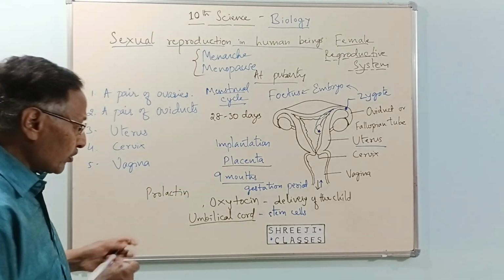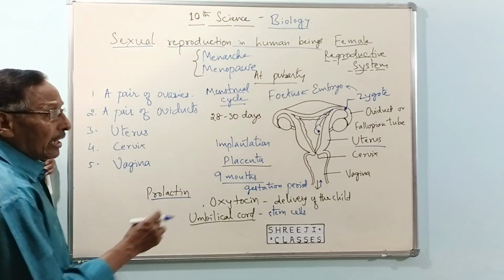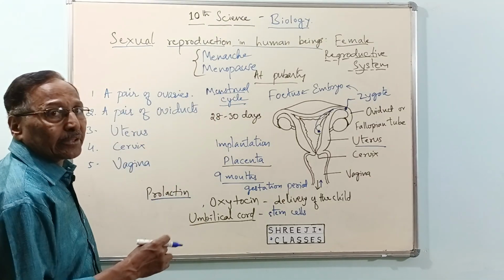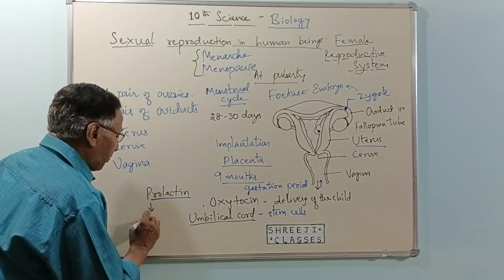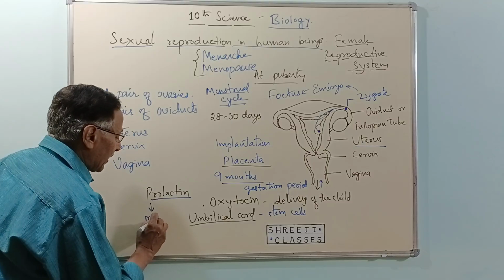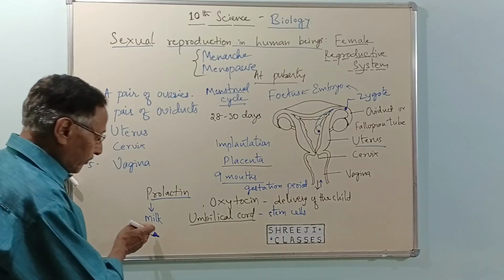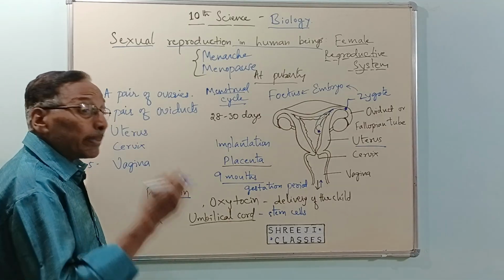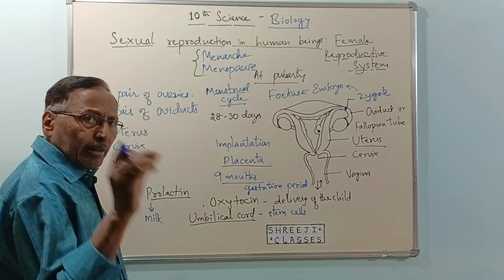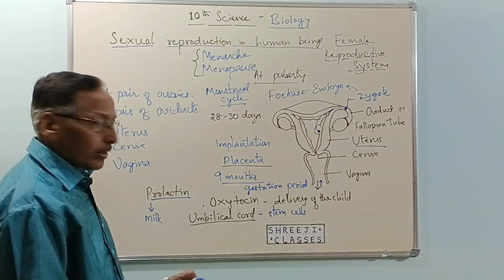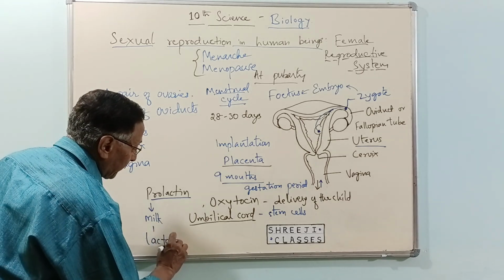This prolactin induces the mammary glands or the breasts to produce milk, what the child needs immediately after birth.